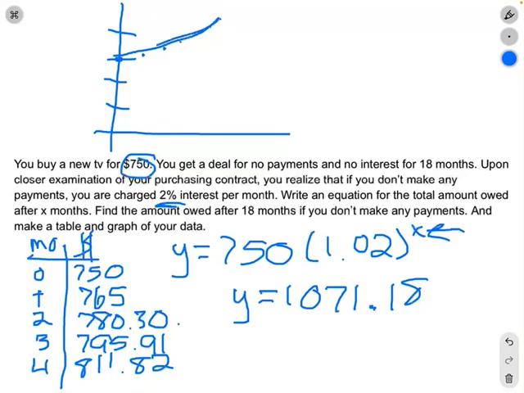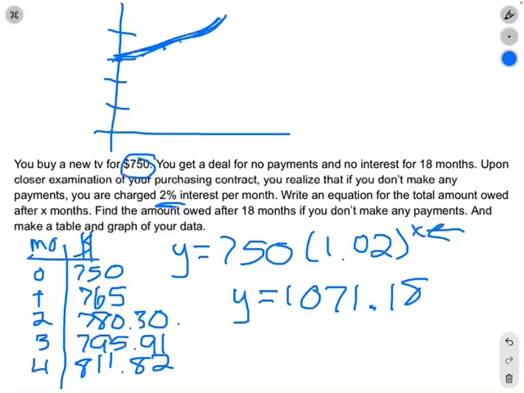So that's going to make a curve like this. It's kind of hard to see that it's curving because it's not changing a whole lot. If we were going up $15 a month times 18, that would be 270. Instead, it went up by like 320. So it's hard to see here that it's curving, but it would curve a little bit.